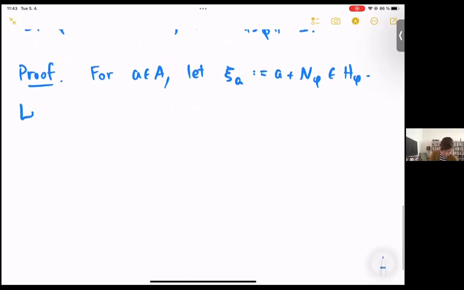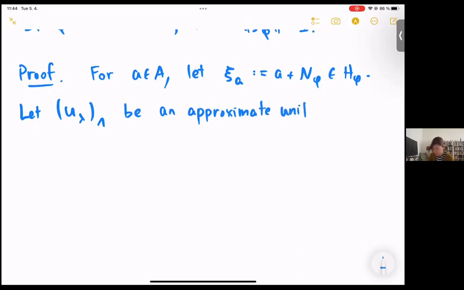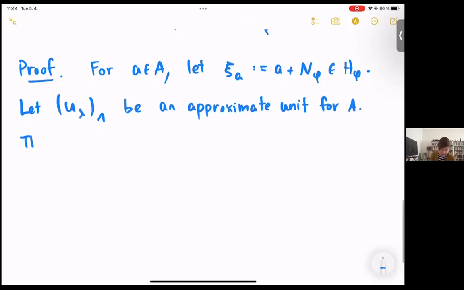Now let's have an approximate unit, so bounded, increasing and positive. Then we can look at the associated vectors in H phi, and note that if lambda is smaller than mu, we have the following.